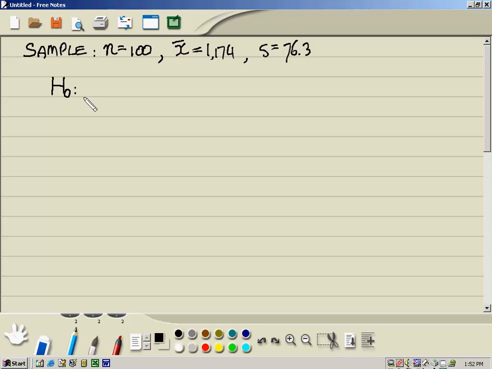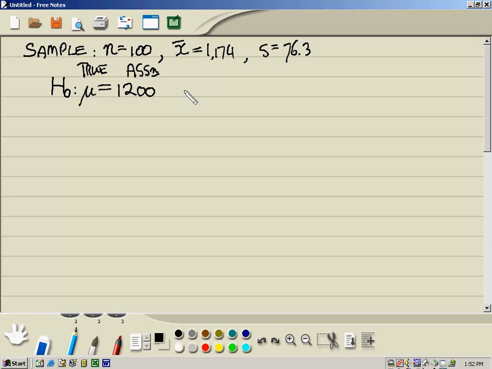Null hypothesis would be that the true average daily demand is 1,200. The working assumption, so mu is the true value, the 1,200 is the working assumption. So the true, and over here we have the assumption.